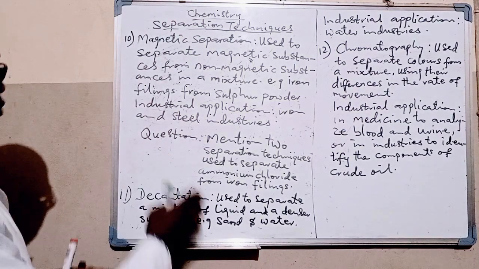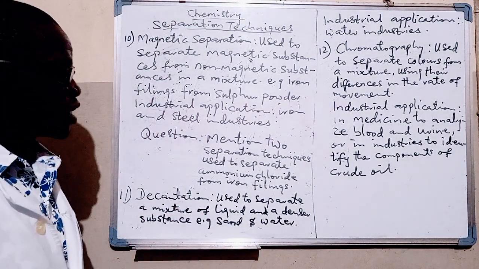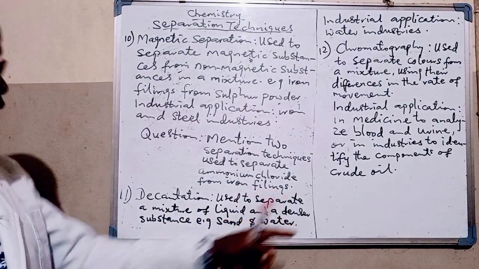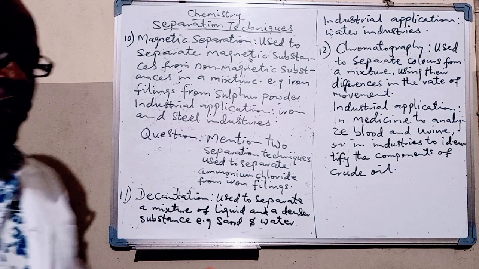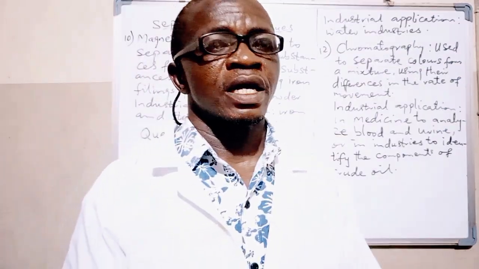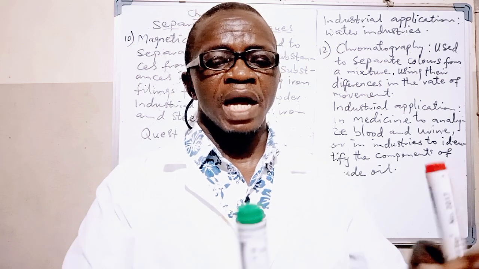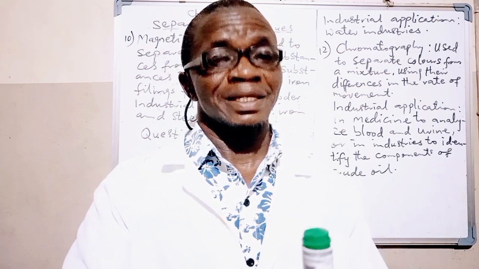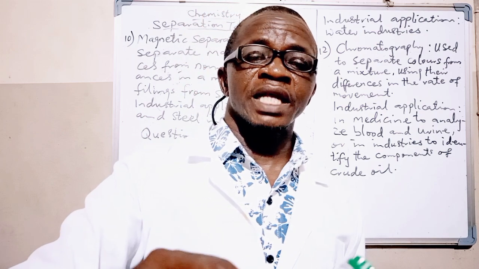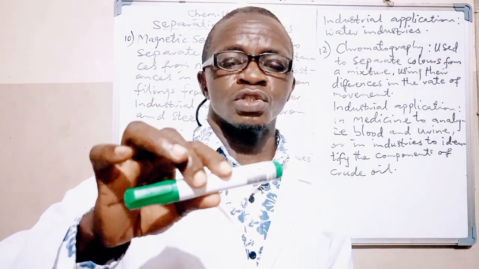Okay, now let's move to decantation. Decantation is a method used to separate a mixture of liquid and a denser substance. You have sand and water mixed together. How do you do it? Maybe you want to get the water alone. You allow the denser substance, maybe sand, to settle at the bottom. Then you tilt the container a bit and it pours, and pours.